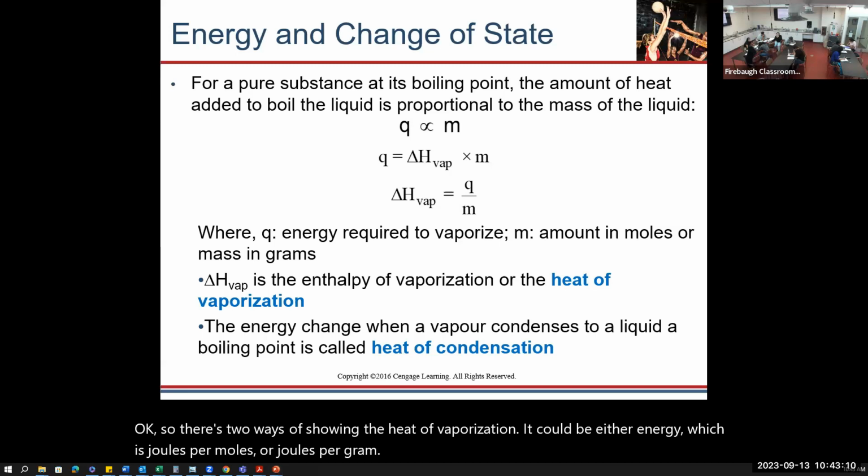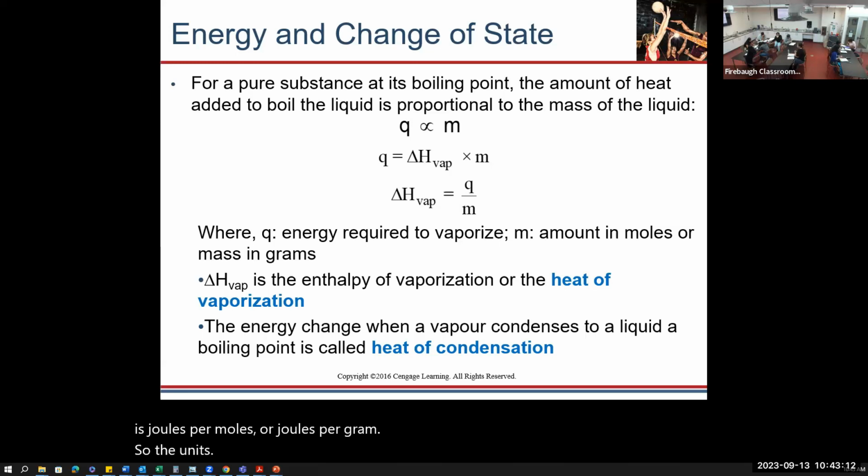So the units. Delta H units are going to be either joules per mole or joules per gram.